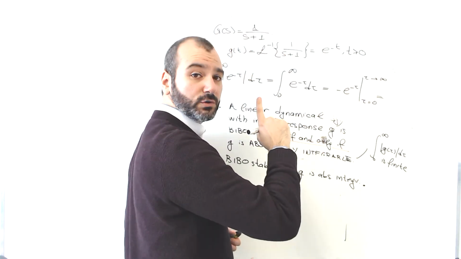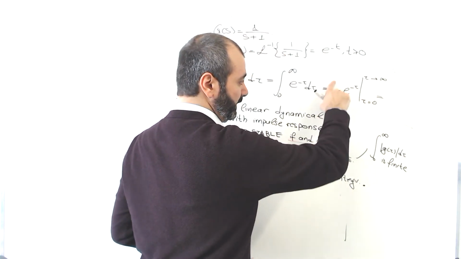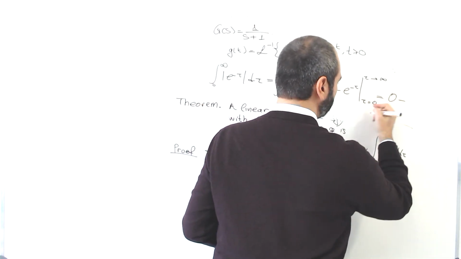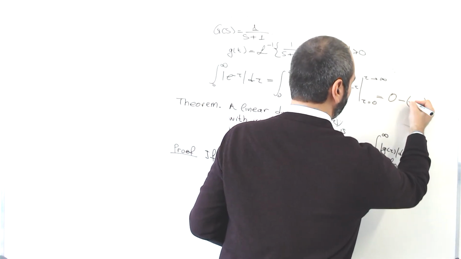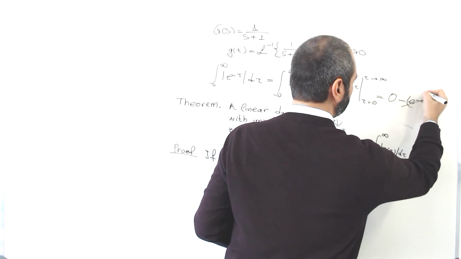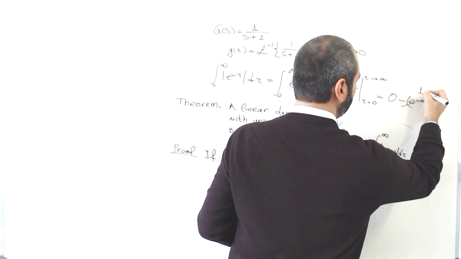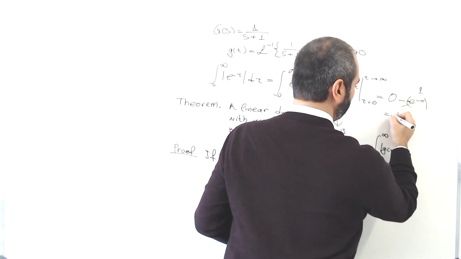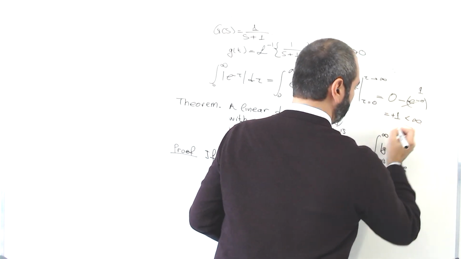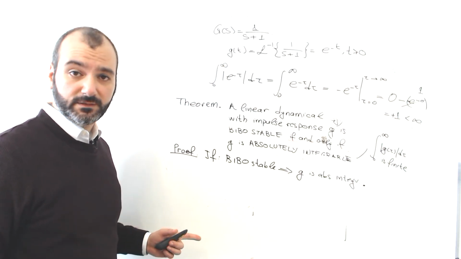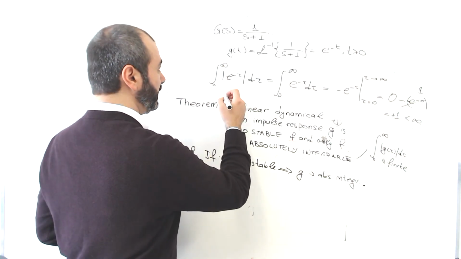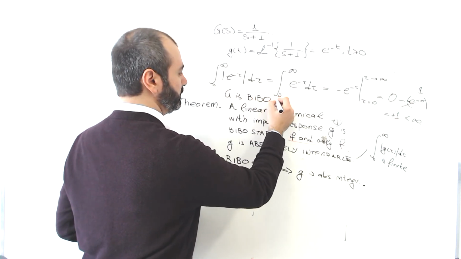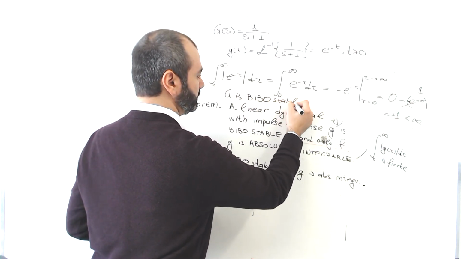As tau goes to infinity, this whole quantity goes to 0, so 0 minus minus e to the minus 0, which is minus minus. So this is equal to plus 1, which is good, it's not infinity. And we just proved that G is BIBO stable.